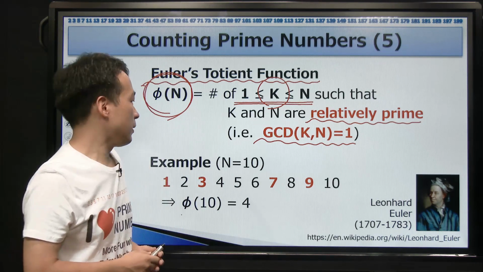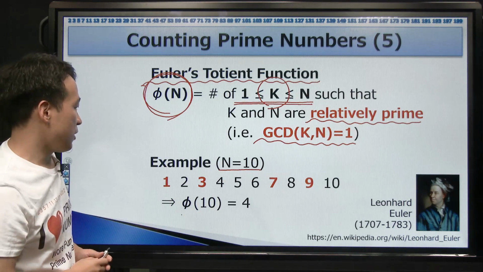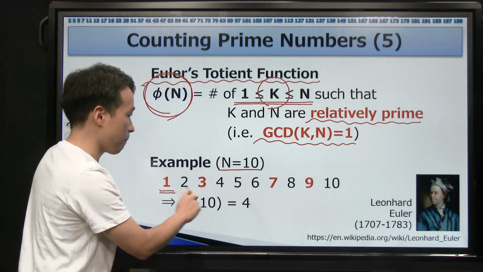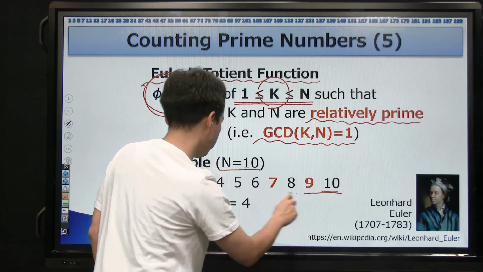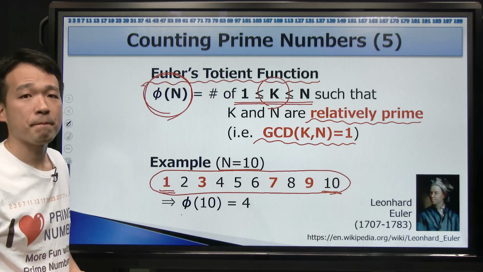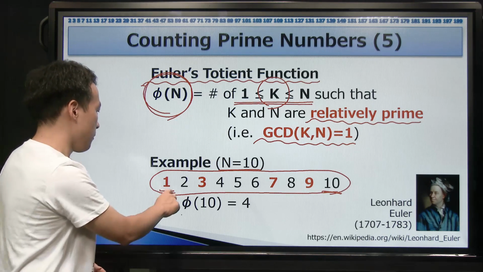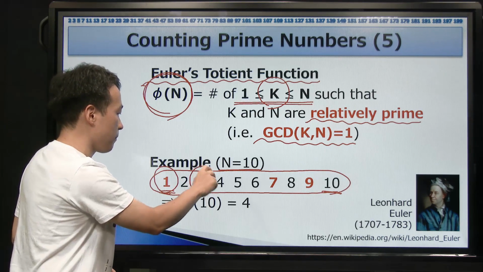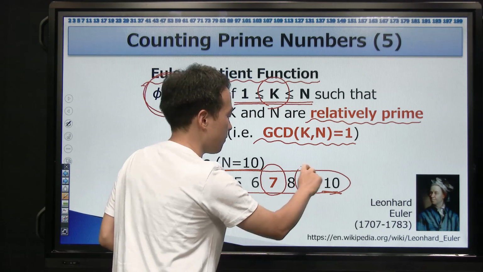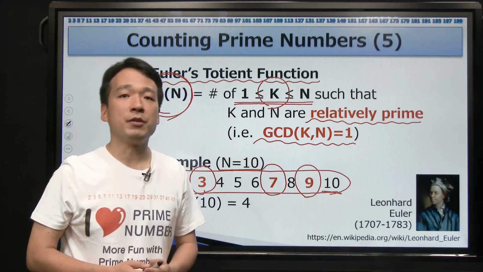For example, if n is 10, there are 10 integers from 1 to 10. Among these integers, only 1, 3, 7, and 9 are relatively prime to 10.